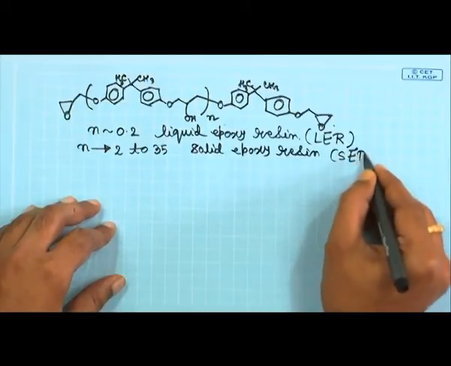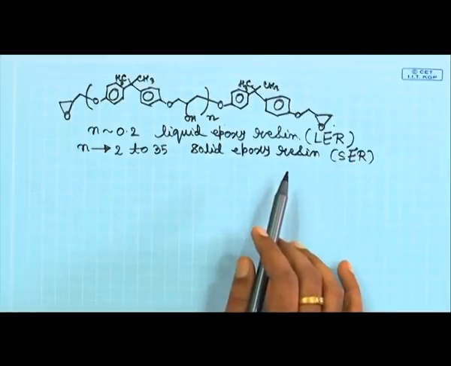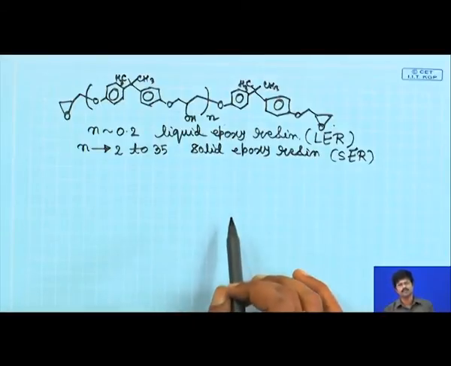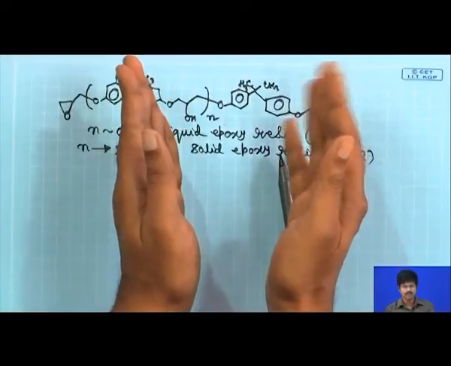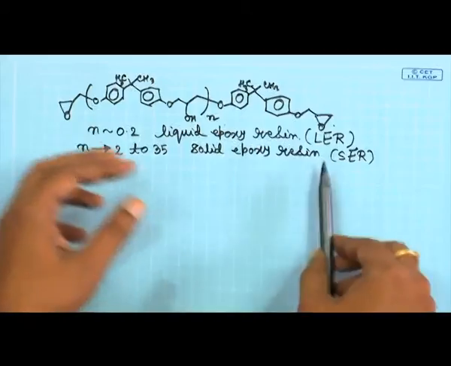And of course, the epoxy equivalent weight for solid epoxy resin will be higher than liquid epoxy resin, because liquid epoxy resin is a smaller molecule with 2 equivalents of epoxy units, and solid epoxy resin, depending on the value of N, may be very high, so it is a bigger molecule that still has 2 epoxy units. So, basically the proportion of epoxy is less, so the epoxy equivalent weight is higher.